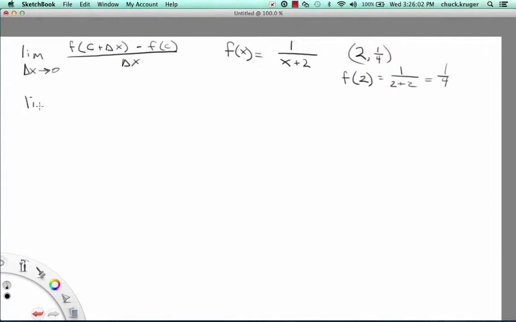So if I put things into here, oh, by the way, the limit as delta x approaches 0, I'm going to have f of 2 plus delta x minus f of 2 all over delta x.